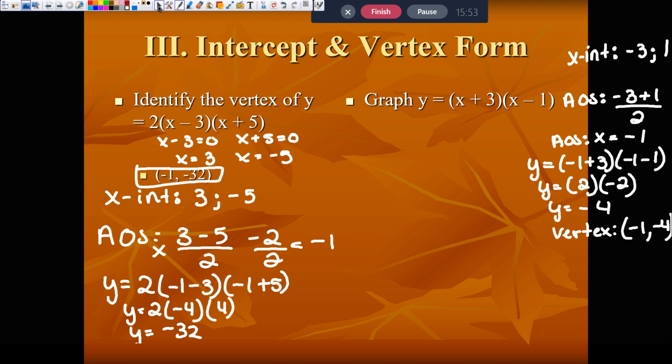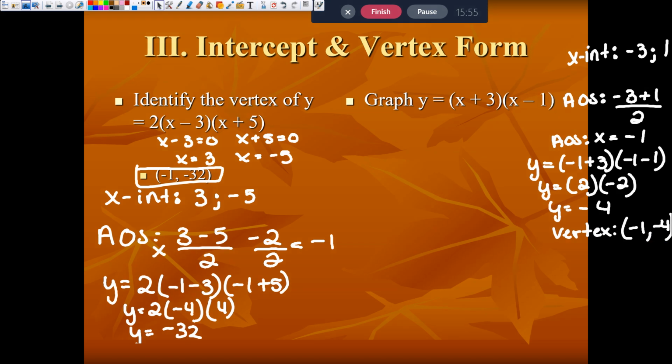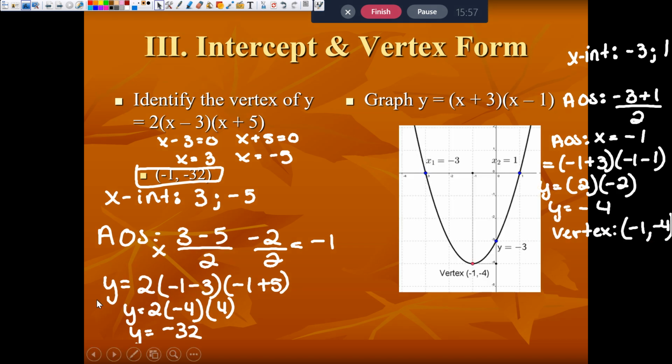So I can just graph my intercepts and my vertex. My intercepts here are at negative 3 and 1. My axis of symmetry is at negative 1.